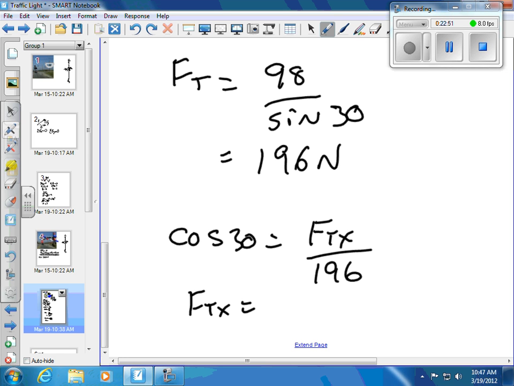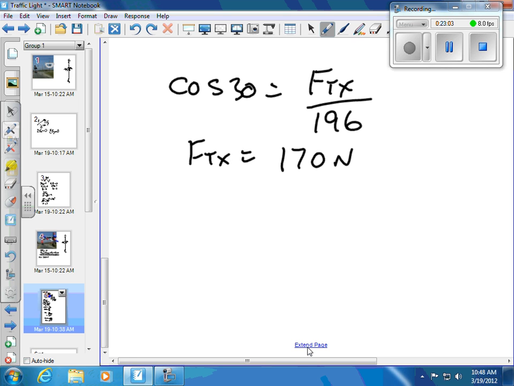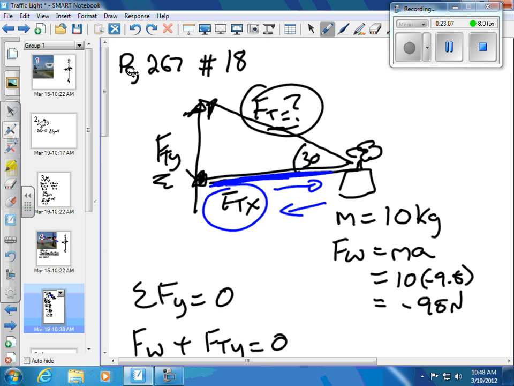FTX equals 170 newtons. And that would be negative. That's the cable pulling this way.